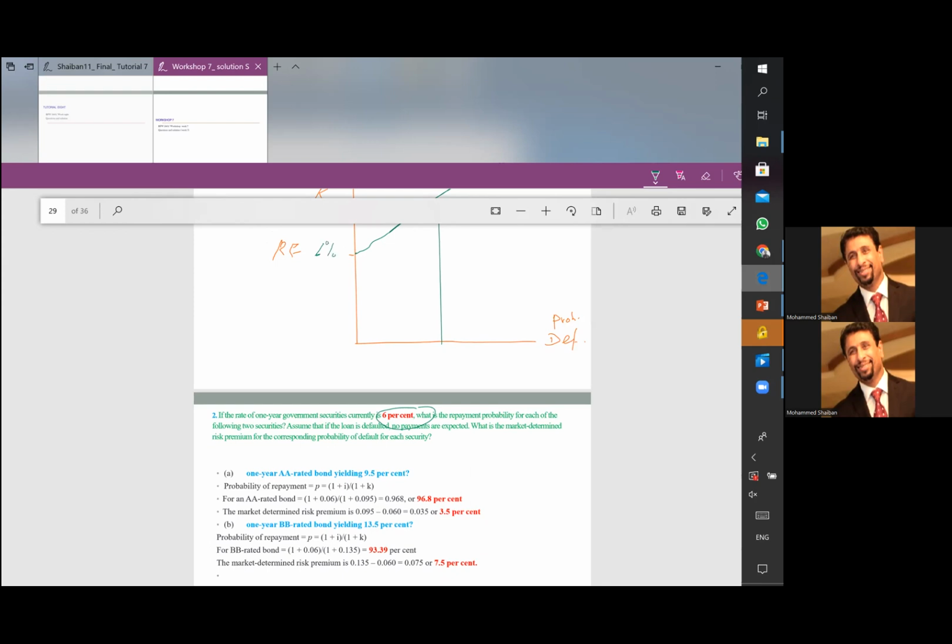And they told you the rate of one government treasury security is 6%. What is the probability of payment of the following security? Assume if the loan defaults, no payment expected. What is the market determined risk premium?